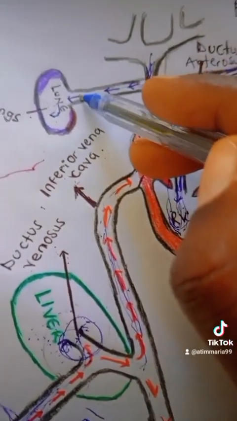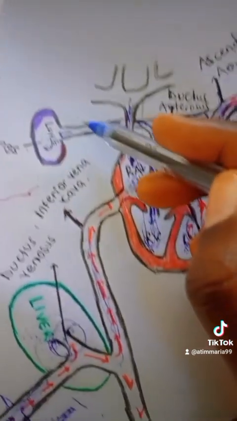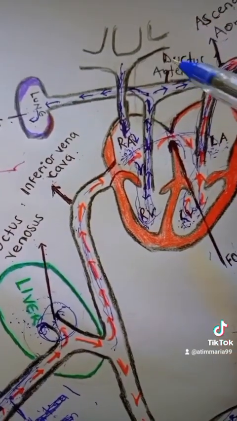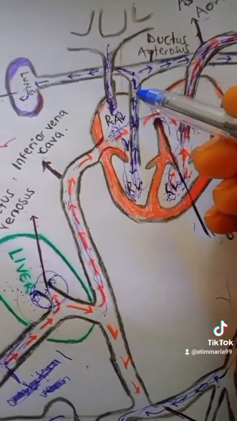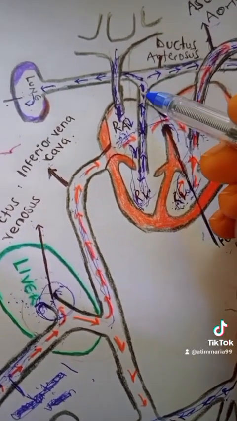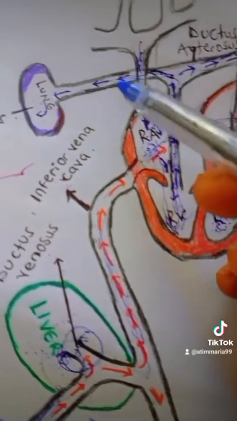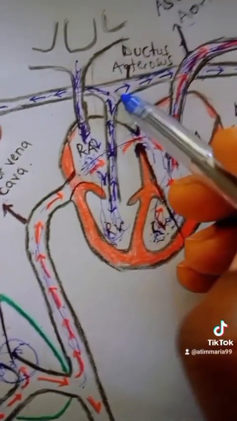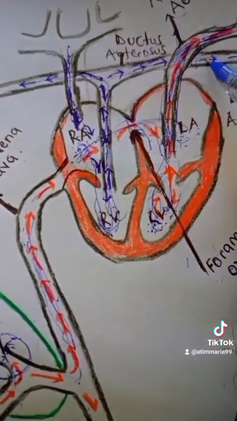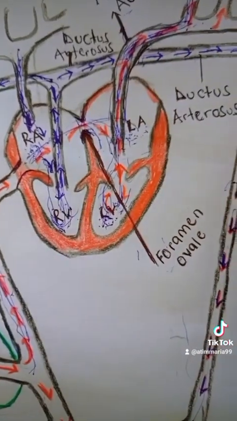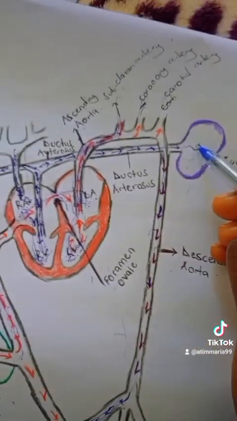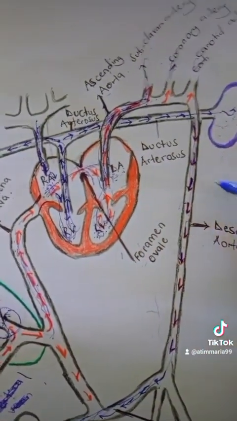If it was an adult, it would go to the lung and get more oxygen and the blood would become oxygenated. But since this is a fetus, this blood is just bypassing the lung. It's not going to waste time playing in the lungs. It flows through the ductus arteriosus, goes to the other side of the lung, and comes back through the descending aorta.